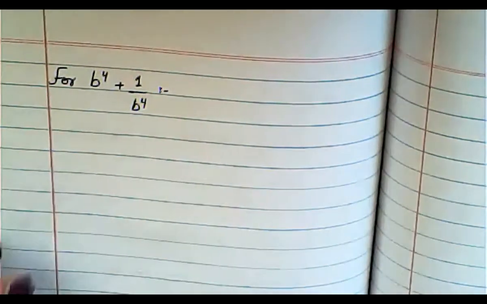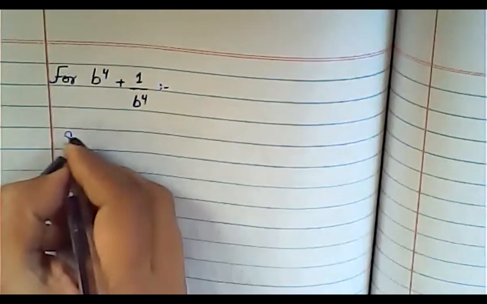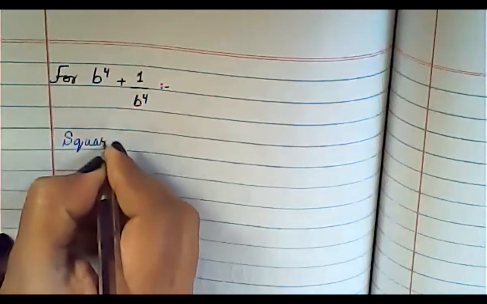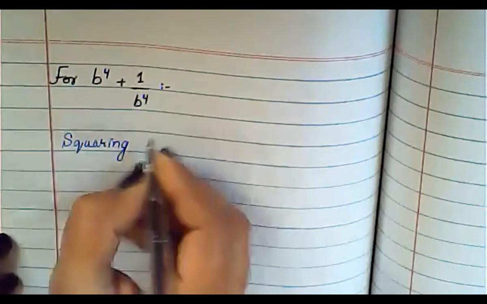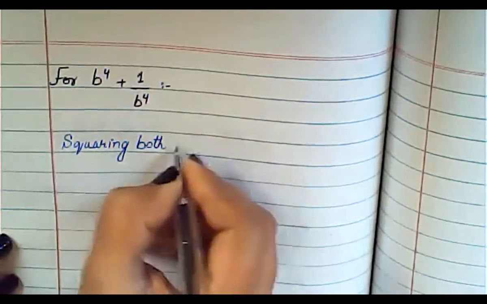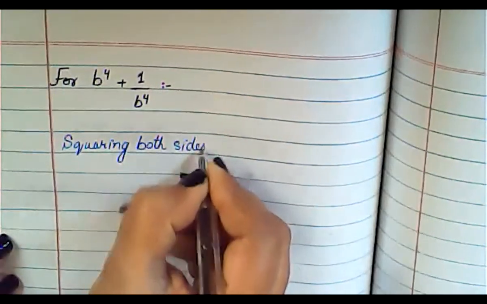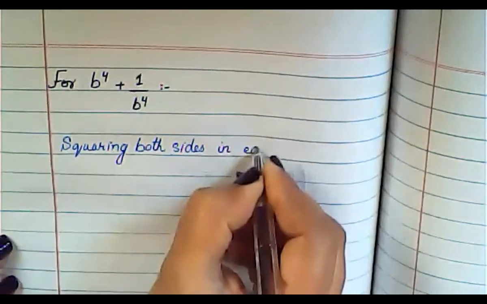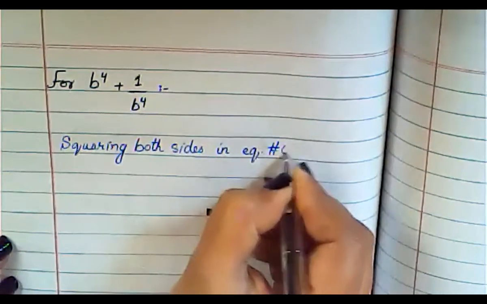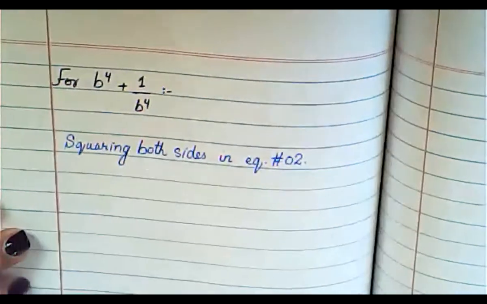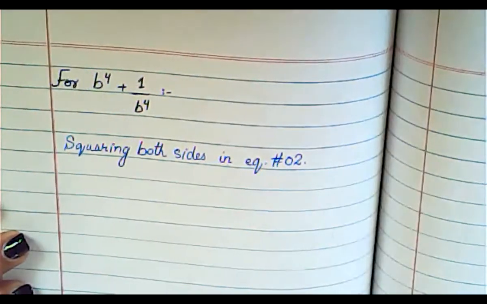What you will do, you will write here squaring both sides in equation number 2. Okay, you have to take the square of equation number 2.